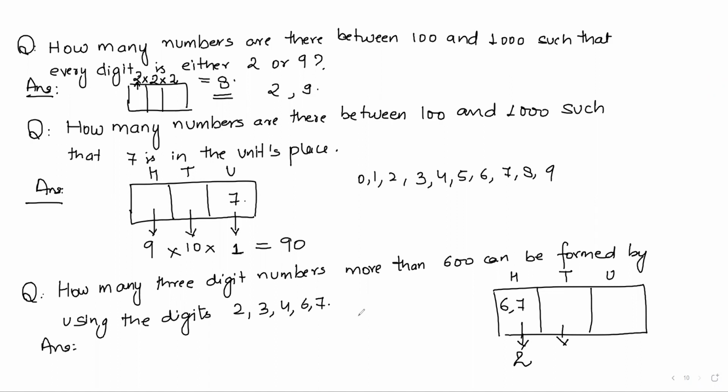Any doubt? No, sir. Okay. Then at the tens place, how many options do you have? 5, sir. Very good. At unit place? Again 5, sir. Very good. So multiply these, and we'll get the answer. The answer is 50.